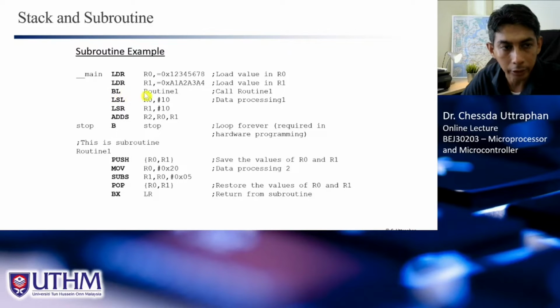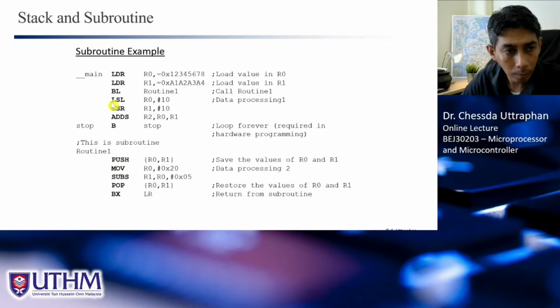The instruction to call the subroutine is called BL, the BL instruction. So for example, here we want to do this, and we can call this subroutine. So this is the subroutine name, and of course in your program you need to label or name your subroutine. Here subroutine 1, and this is the subroutine.